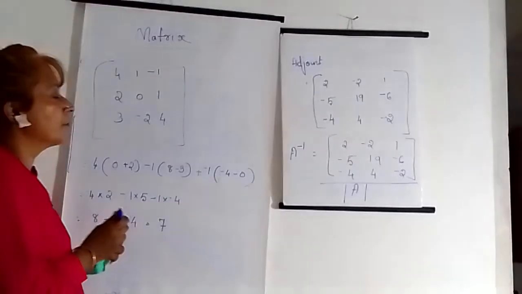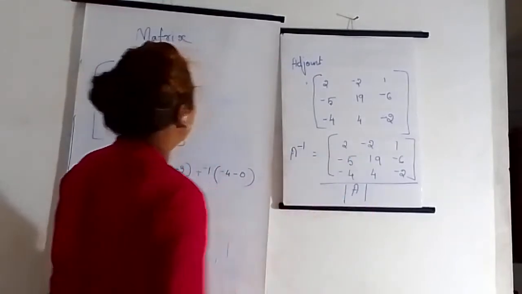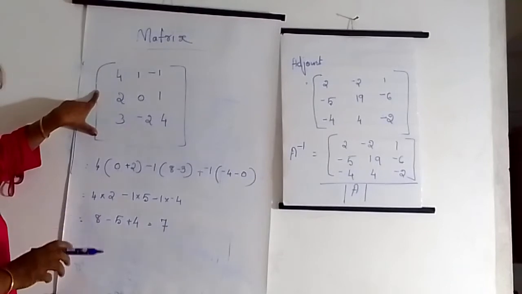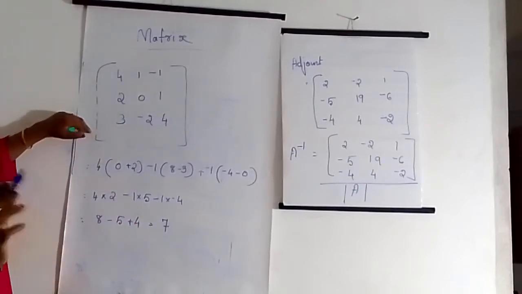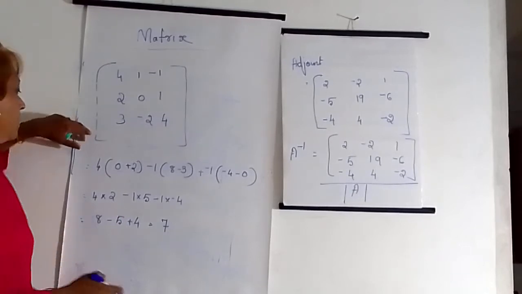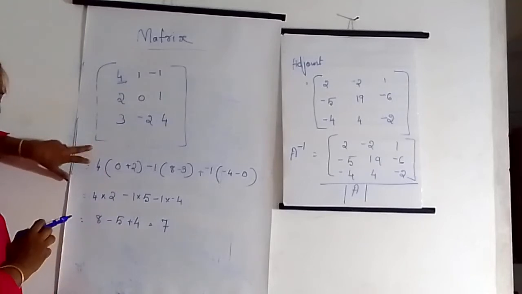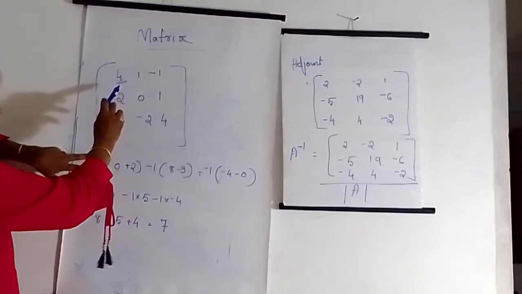And now we know that the inverse of the matrix is the adjoint divided by the determinant. So this is the matrix for which the inverse is to be found. So how can we find the determinant? Once more, I am going to explain it. The first member 4 is to be taken and its minor value is to be taken. The sign for the first member is positive.